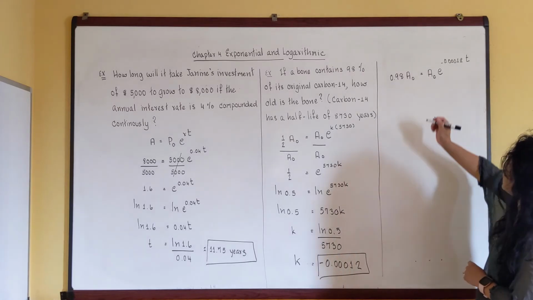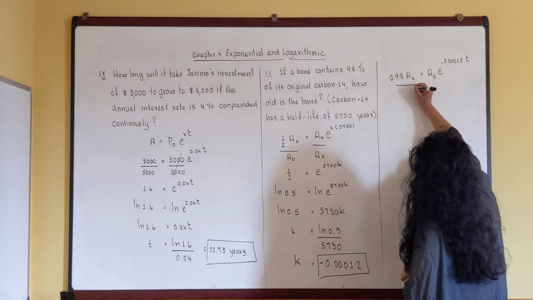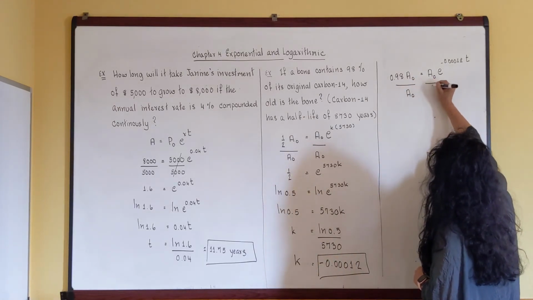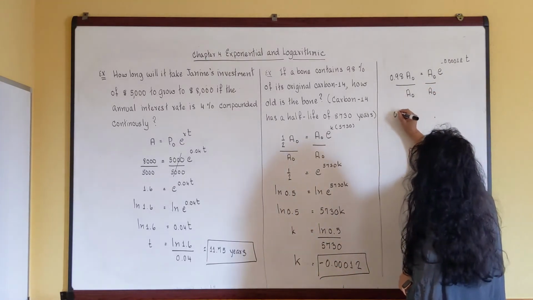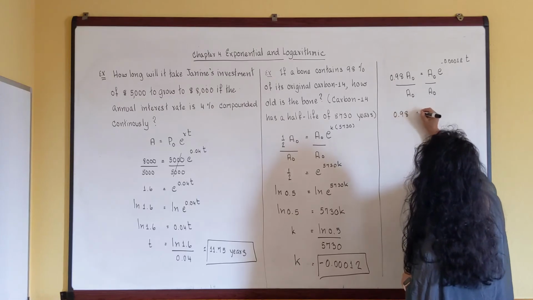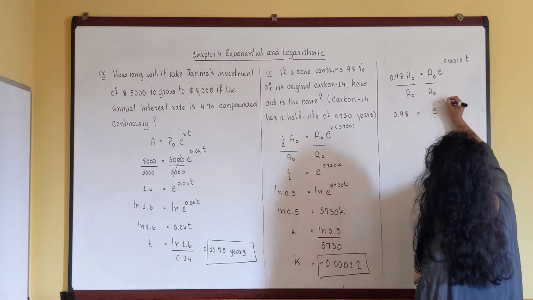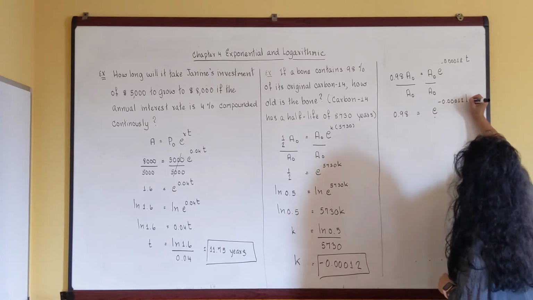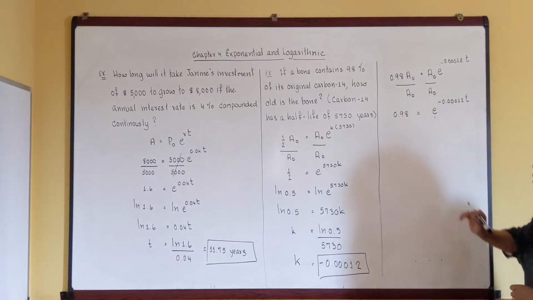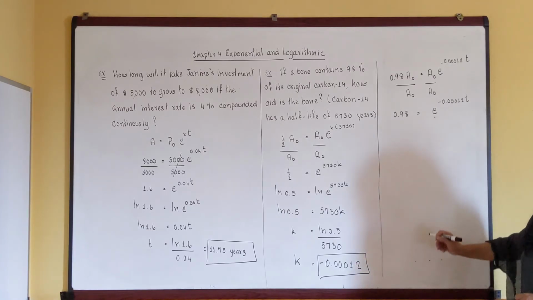Same idea, I'm going to divide both sides by A0. So I have 0.98 equal to e^(-0.00012t). My unknown is the t. I have e here, so I'm going to take ln of both sides.